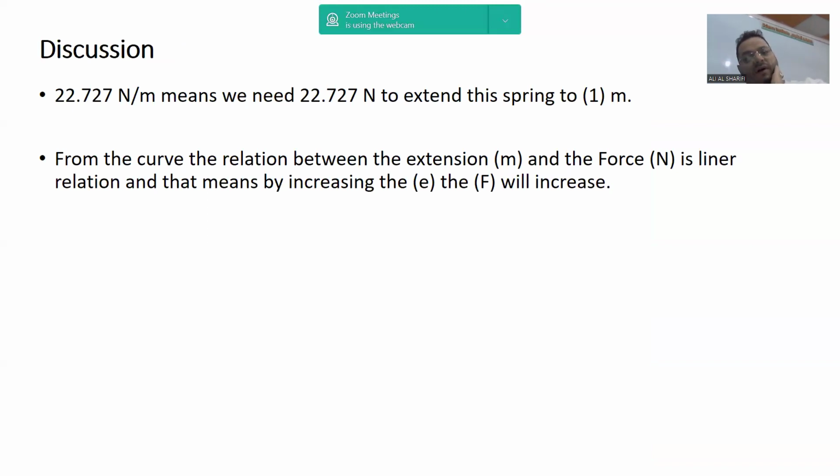Now let's discuss what that means. What does K mean here? 22 something Newton divided by meter. That means I have this force to extend my spring by 1 meter.